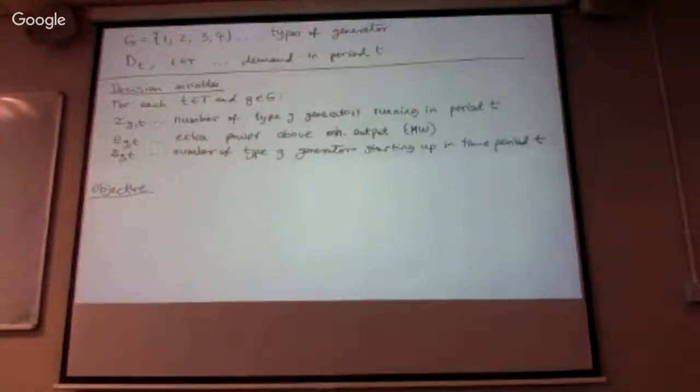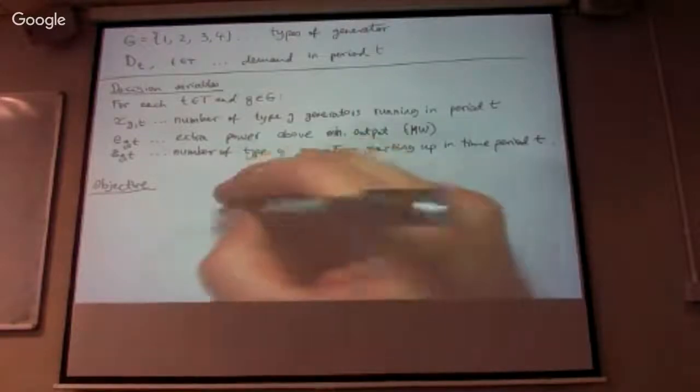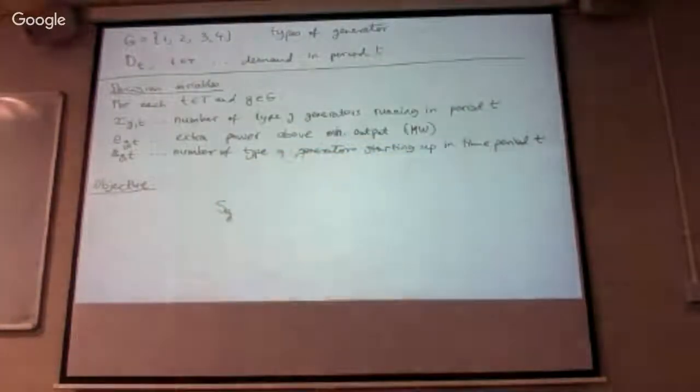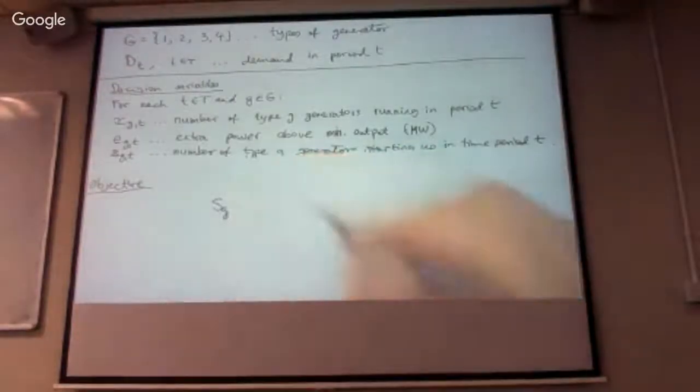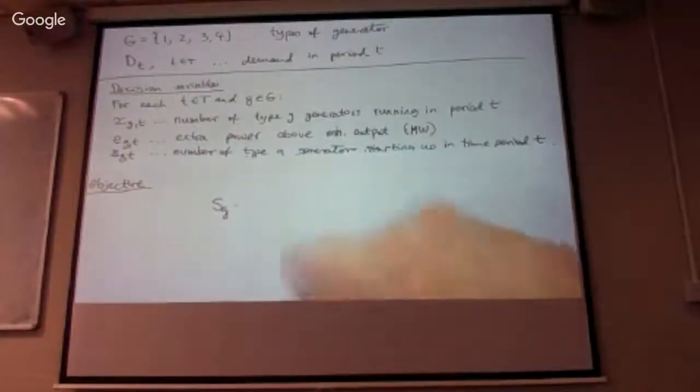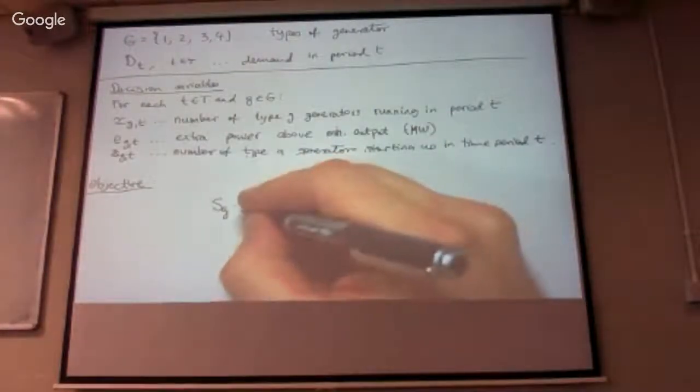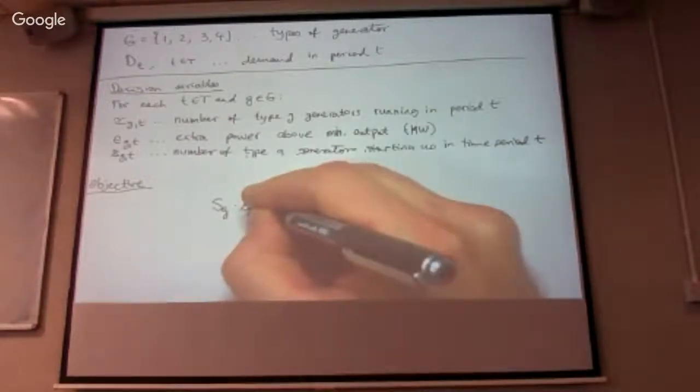So for type 1, we've got 5,000 startup costs by, so that's SG. We'll add that at the end. So SG times 5,000. Okay, so big S is the 5,000 and little s is the number starting up.